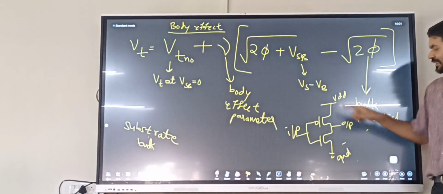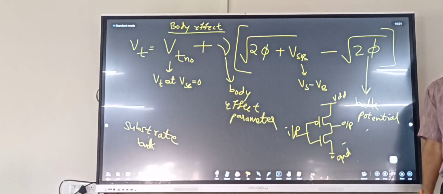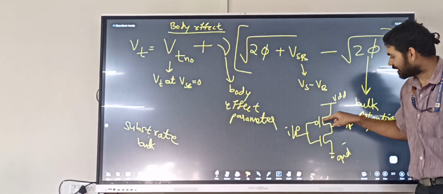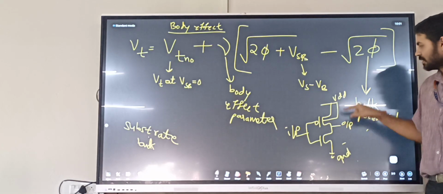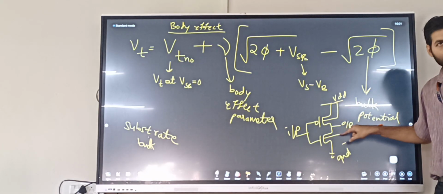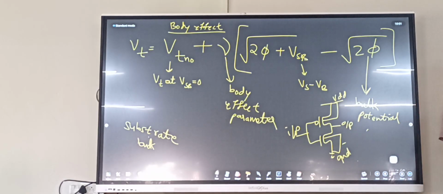This is ground, this is VDD. Now, consider that the body of the PMOS should be connected to the highest potential, and the body of the NMOS should be connected to the lowest potential.